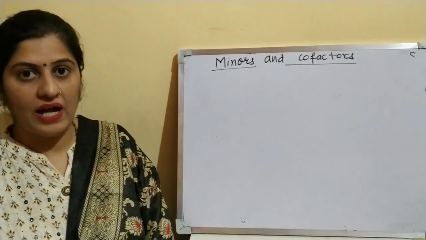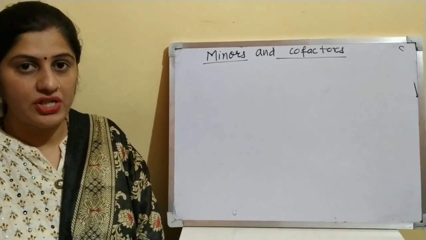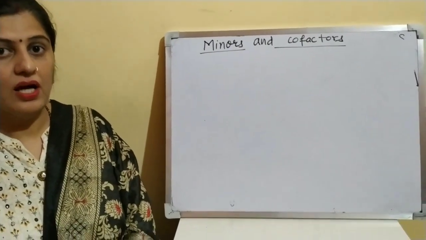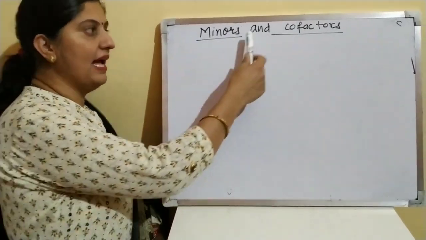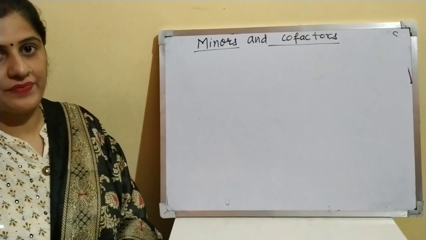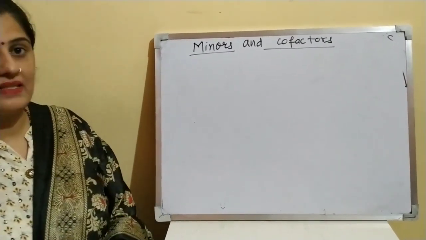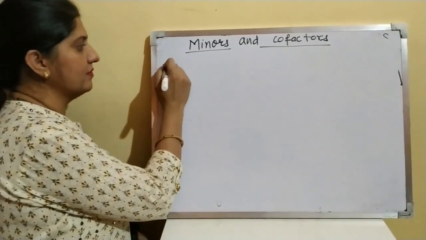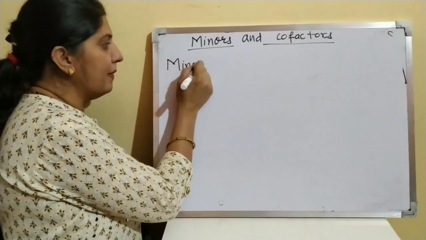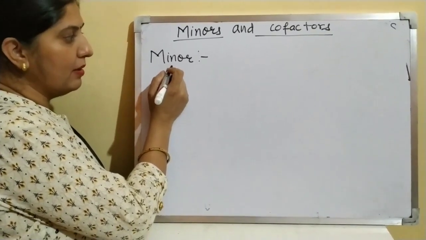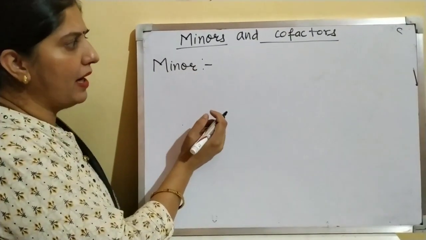But before writing the expansion of a determinant in compact form, we will learn about minors and cofactors. Let's start with minors. What is a minor? Minor, as the name suggests, means a smaller part.